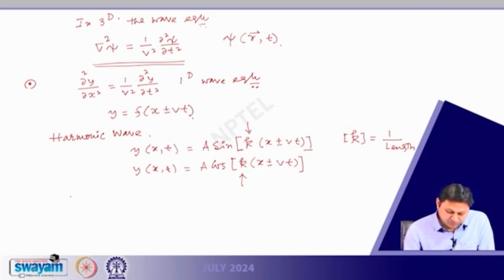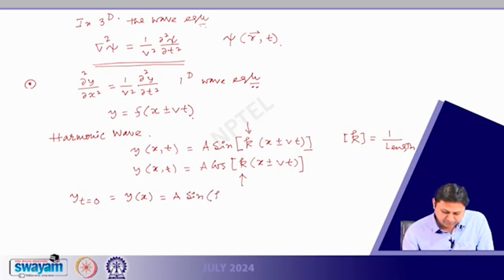Now if I find what happens at t equal to 0, then y is a function of x only, and we have something like A sine of kx, because t is 0.